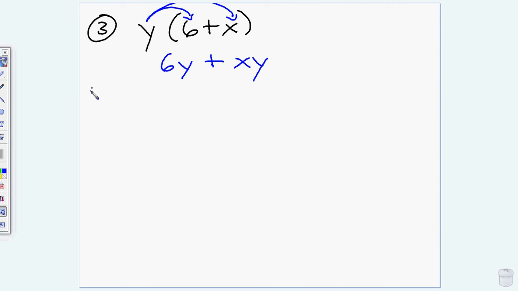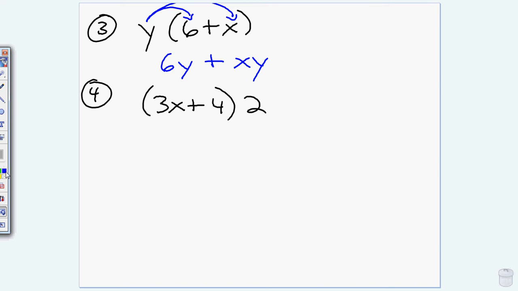Sometimes they may try to mess with your mind a little bit and write the problem this way. It is the same thing. This is the same thing as this.